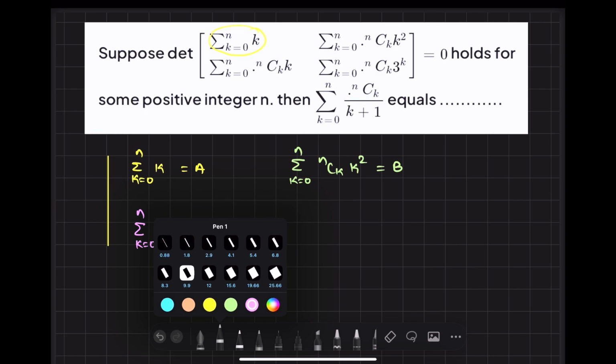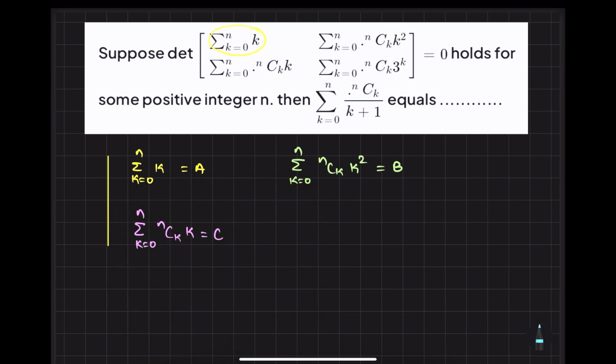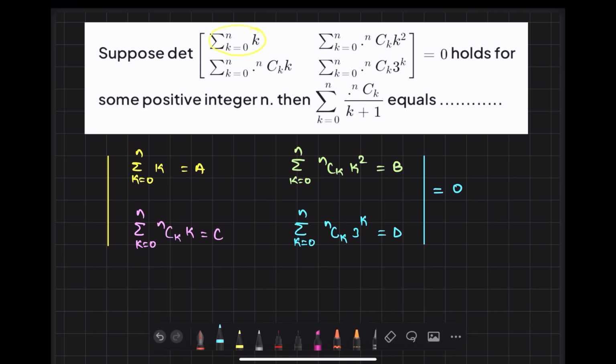And then we have the last component, summation k starts from 0 to n, C k times 3 power k, equals d. I will call this element d. So first we have to find out a, b, c, d, and then we have to find out the determinant so that we can equate it with 0, and then we will get the value of n.